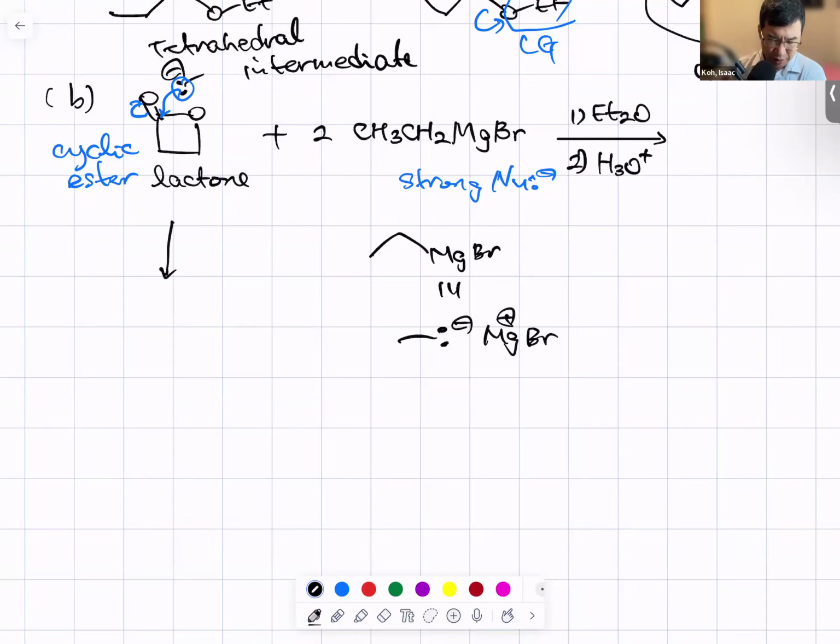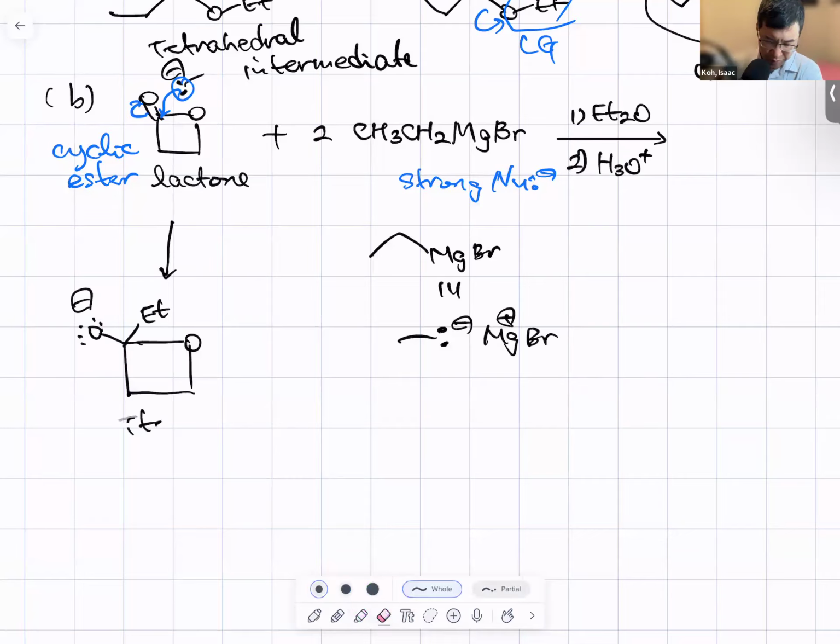And let's draw a tetrahedral intermediate. And here we have oxide. And here we have ethyl group. And this is tetrahedral intermediate. So this is nucleophilic attack.